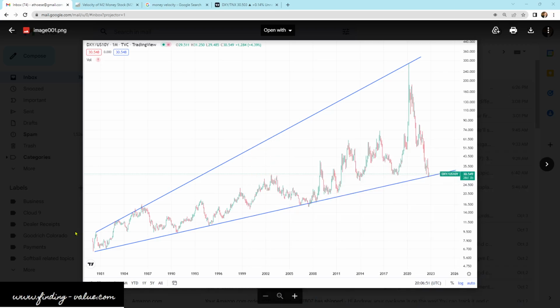So we've got the DXY to US 10-year yield here, and what we see is a large expanding wedge or megaphone pattern. You could also throw another trend line through here and call this a capitulation bottom. From this time frame, it signals a disinflationary period.